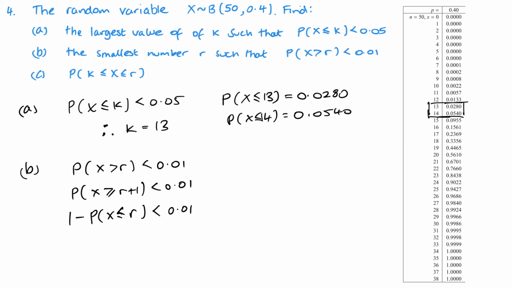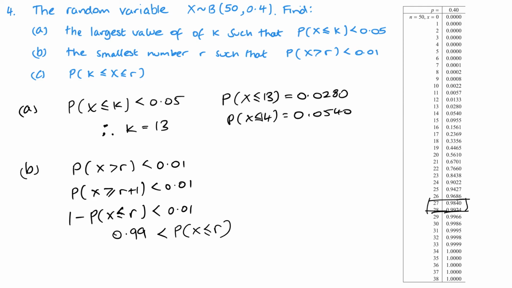Now a bit of rearranging, if I take this to the right and this to the left, I would get that the probability where x is less than or equal to r is greater than 0.99. Okay, and that's what I'm looking at now in my tables. So we want greater than 0.99. And looking down my tables, we've got 0.98 and 0.99 there. So let's block these ones off.